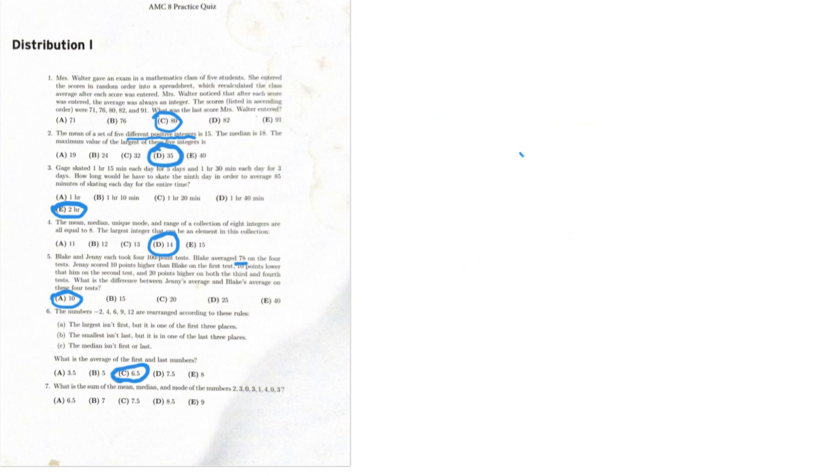Number 7. This is the 2010 AMC8 problem 4. What is the sum of the mean, median, and mode of the numbers? To find the median, we need to rearrange the numbers from the smallest to the largest. After we arrange, the numbers are 0, 0, 1, 2, 3, 3, 3, and 4.